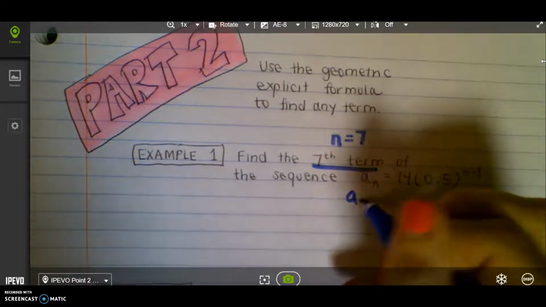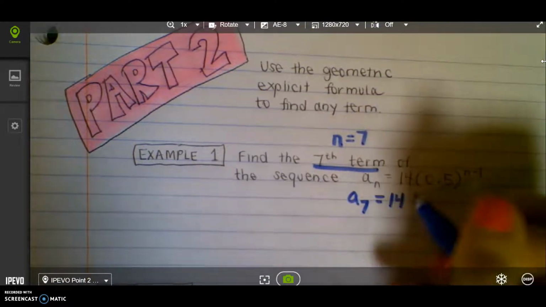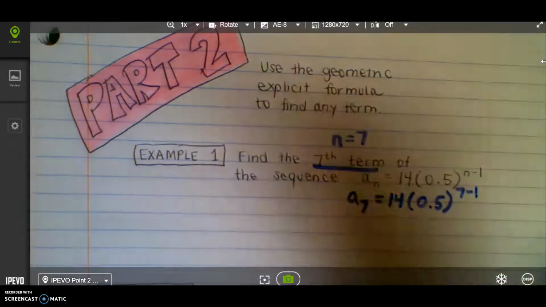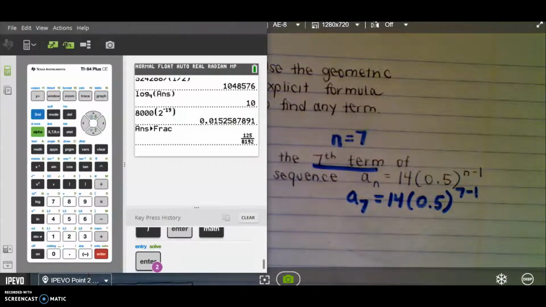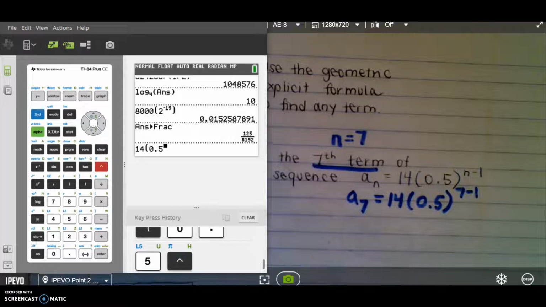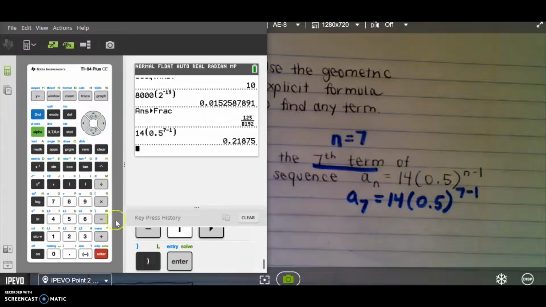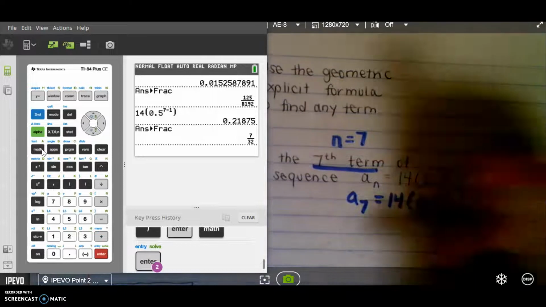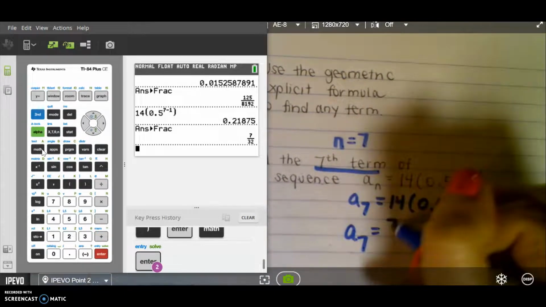So a sub 7 equals 14 times 0.5 to the 7 minus 1. It's a decimal. So convert to fraction form. A sub 7 equals 7/32.